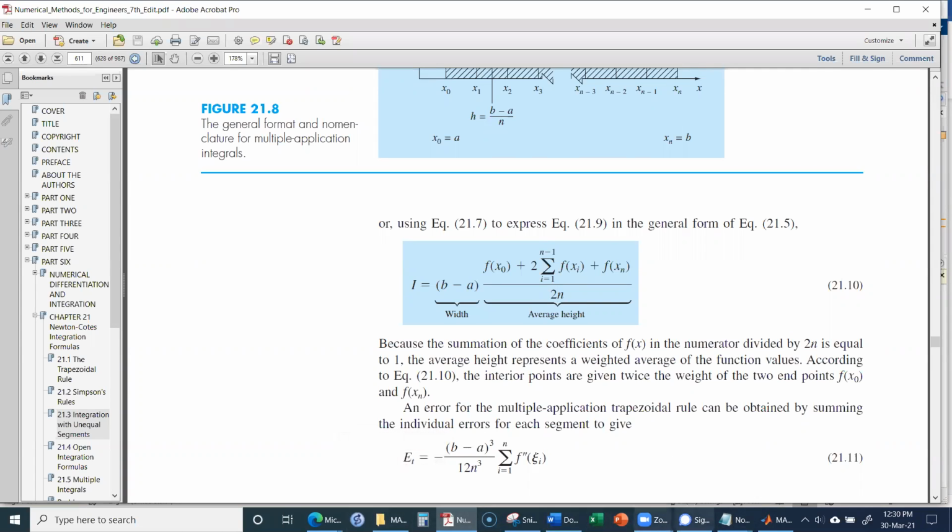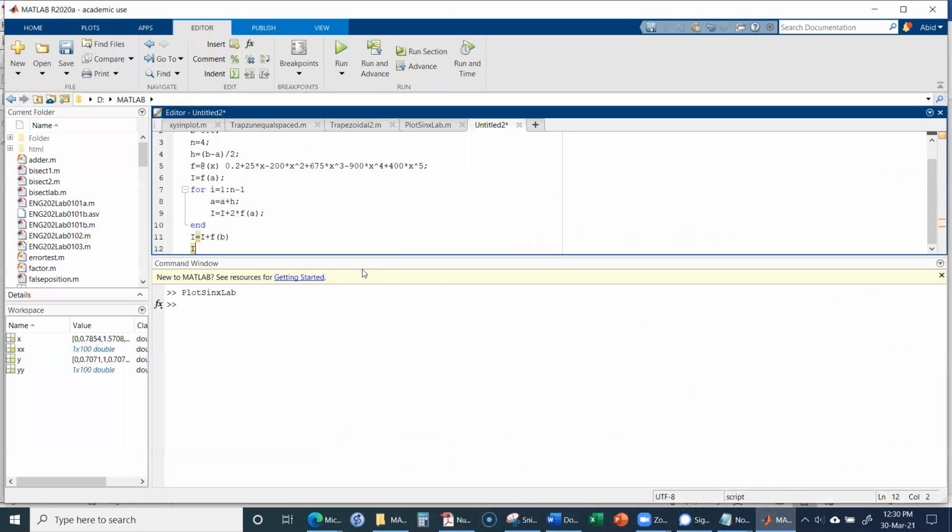So over here, I is equal to I into h divided by 2. Okay, so that's it.